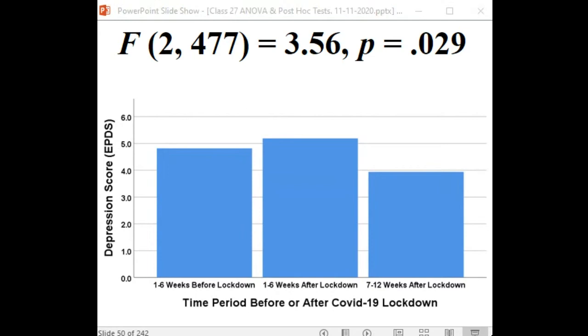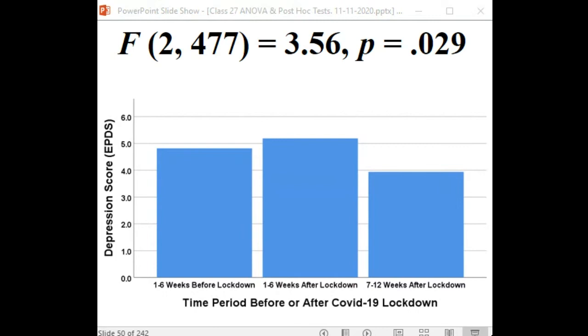We interpret these numbers in a very similar way to the way we interpret the numbers in a t-test. The probability value P is equal to 0.029, which is less than 0.05. So that tells us that F is statistically significant.